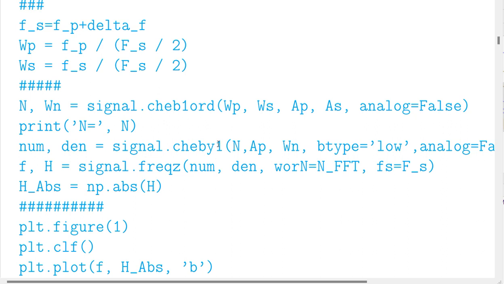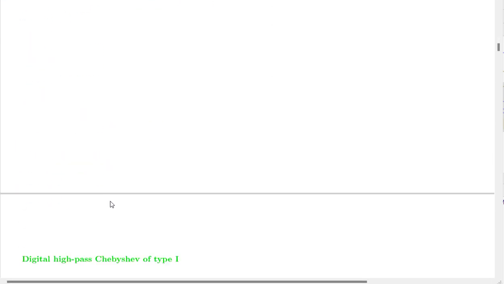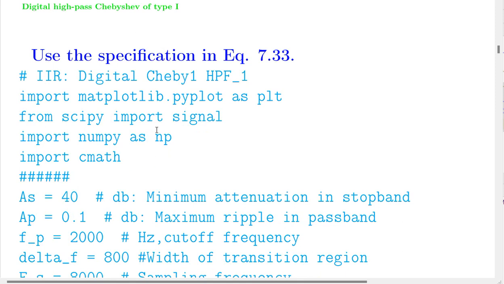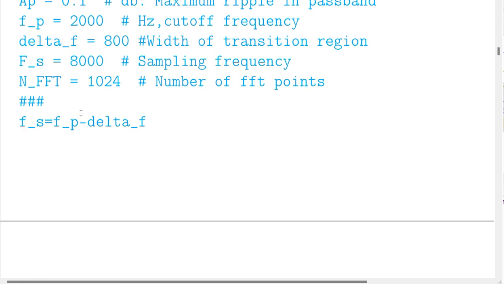Signal.cheby1. Okay, Chebyshev. N, WN, and between them AP, ripple in passband. And B type low, analog false. Okay. And without running high pass, just showing the major syntax.